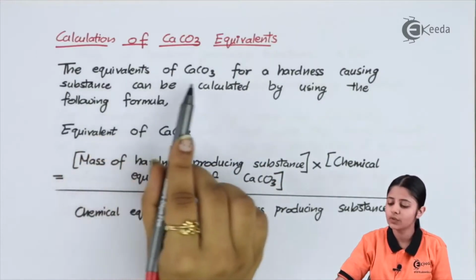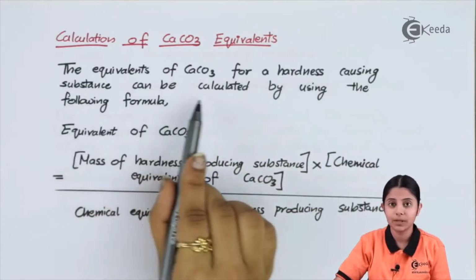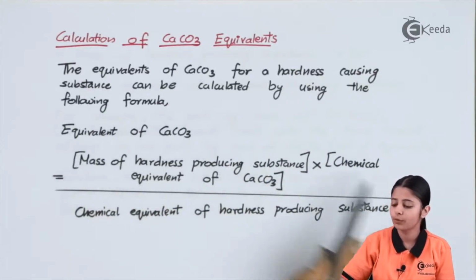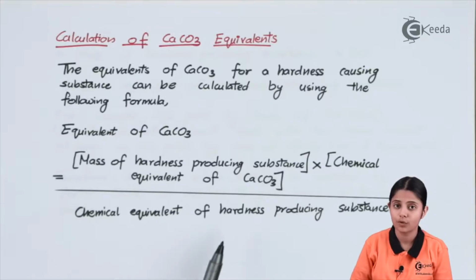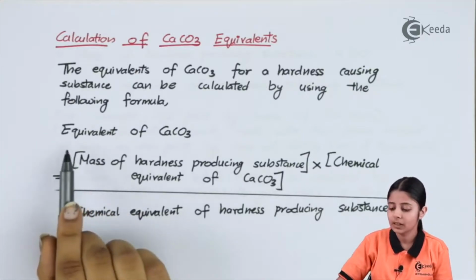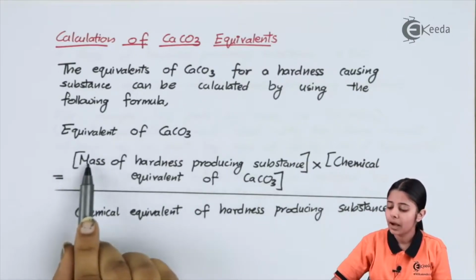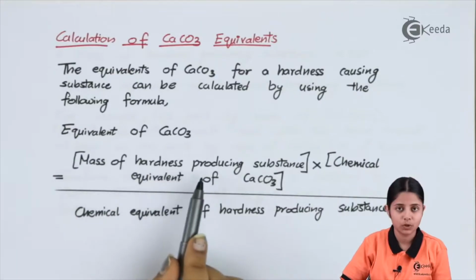The equivalent of CaCO3 for a hardness causing substance can be calculated by using the following formula. There is one common formula for calculating the hardness as CaCO3. This is one of the most important formulas over here. That is, equivalent of CaCO3 will be equal to mass of hardness producing substance, whichever the hardness producing substance is.